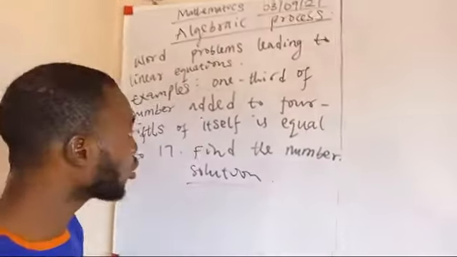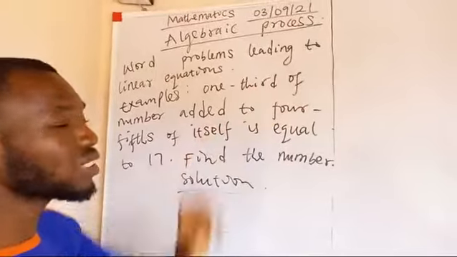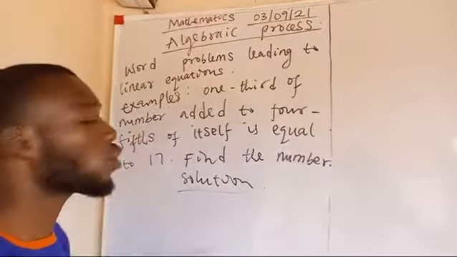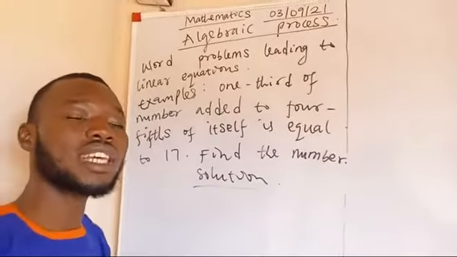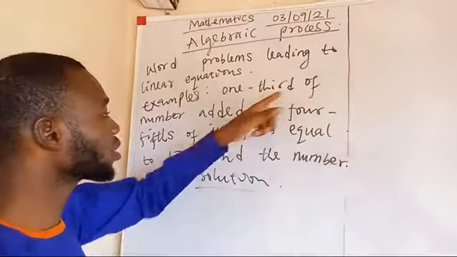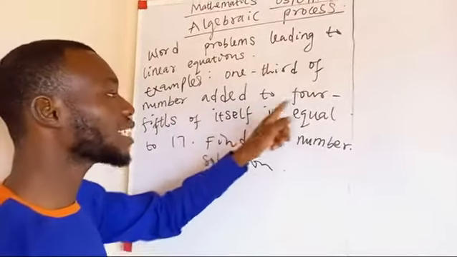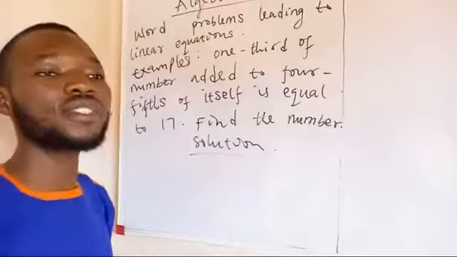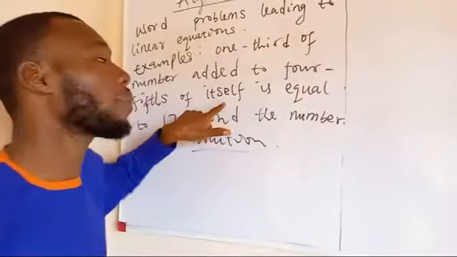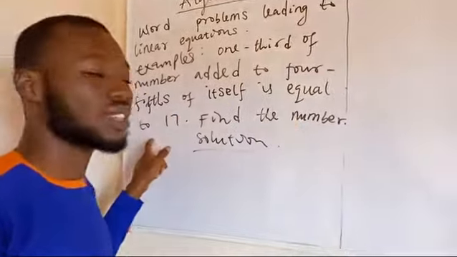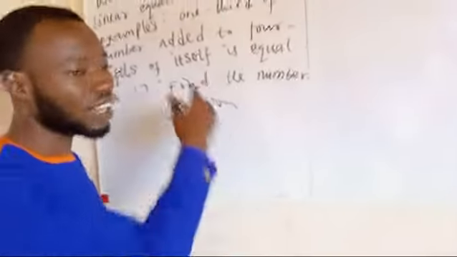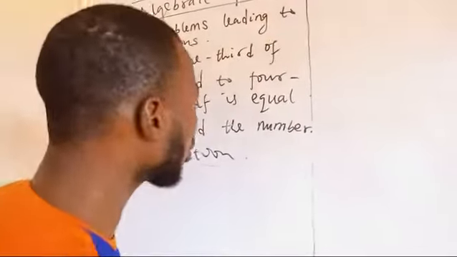We have 1/3, which means 1 divided by 3 of a number. We don't know the number, so we can use any letter to represent it. So 1/3 of a number added to 4/5, which is 4 divided by 5 of itself, of that particular number, equals 17. This takes us back to linear equation.